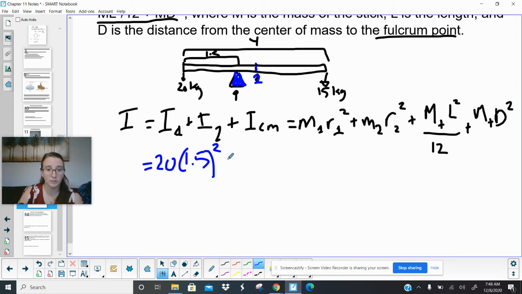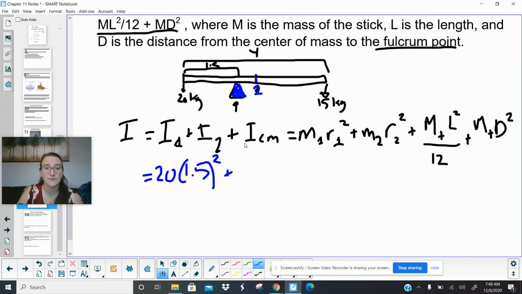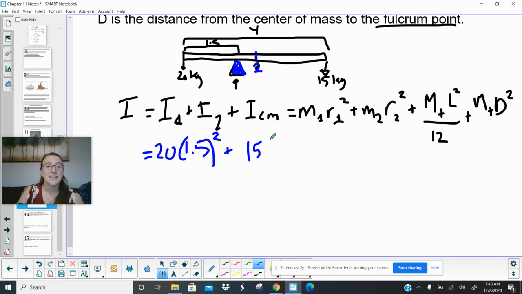So there's our first child, plus our second child has a mass of 15 kilograms times its distance to the center of rotation. Well, if this is 1.5 here and I have 4, this is going to be a distance here of 2.5. So that's what we should have used for child 2. Again, these R's refer to the distance to the center of rotation.